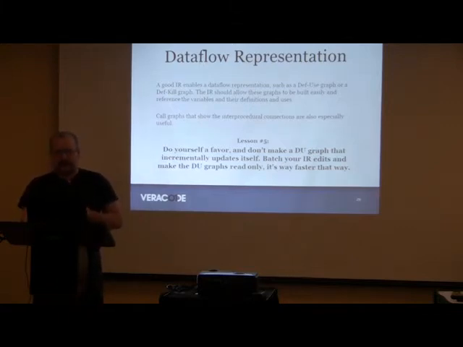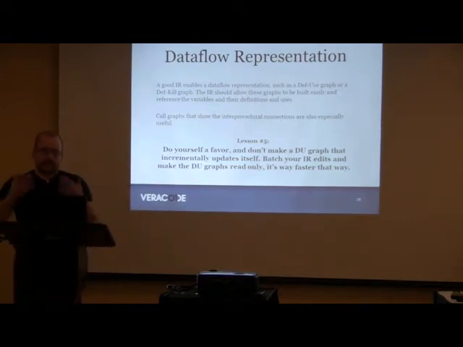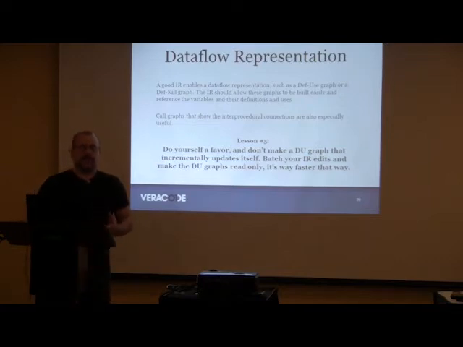So I'm finding that the best way of doing it is to batch editing to your IR. If you're going to be modifying your intermediate representation, you're going to be updating that DU graph as you do it. If you do the updates too frequently, then you end up building your DU graph all the time and not doing your transformation.